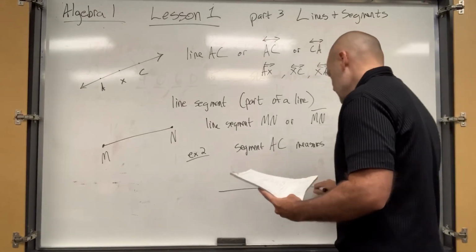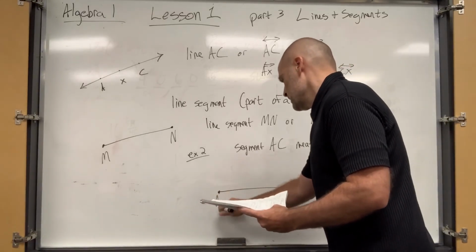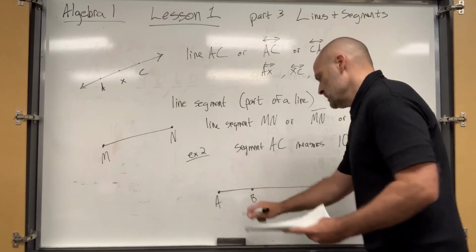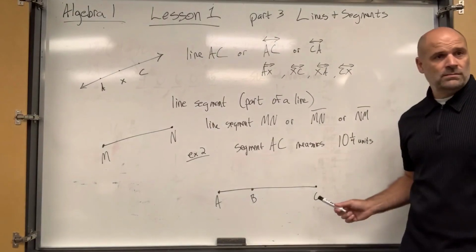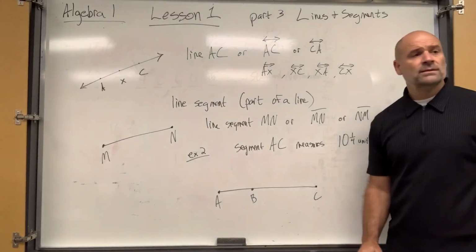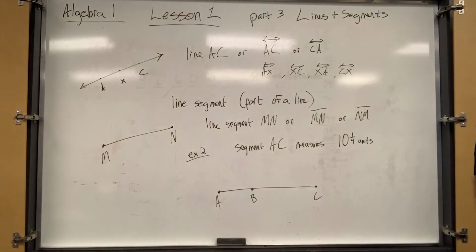So here's AC. Put a B in there too. So if I was talking about line segment AC, it would be this, right? If I was talking about line segment AB, it'd be there. Line segment BC is right there. So see how there's 3 different line segments that you could name right now because we have 3 points.